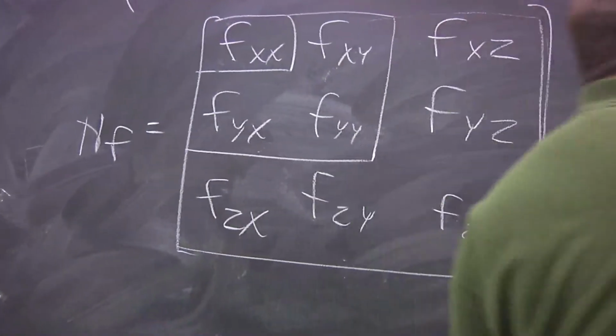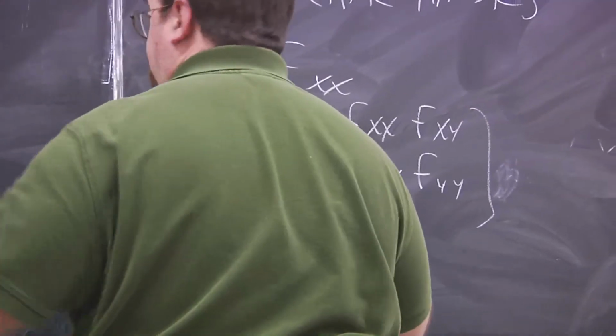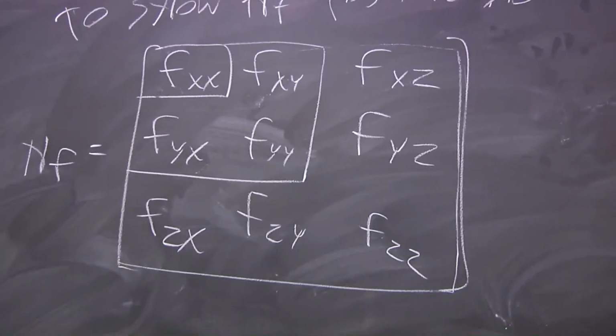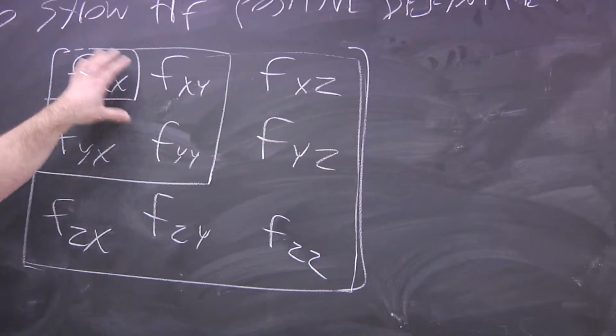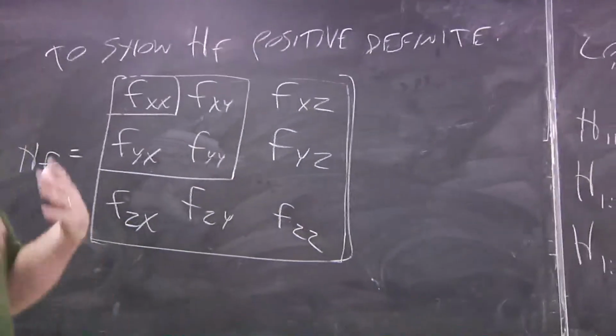And then you look at the next, the upper 3 by 3 block. In this example, is everything. But let's suppose you had 10 variables. So you'd have a 1 by 1 block, 2 by 2 block, 3 by 3 block, then you'd go to a 4 by 4 block, and so on. You just keep on going.